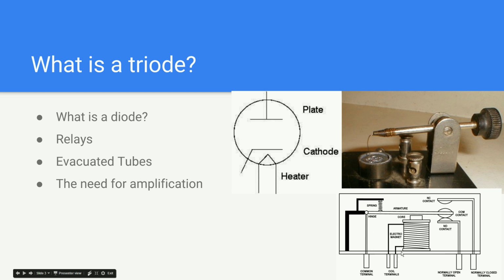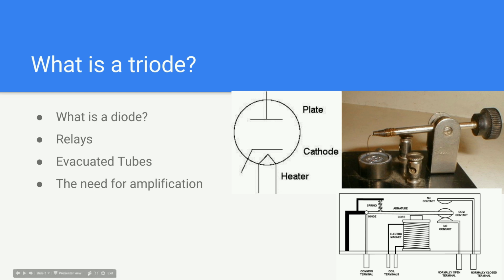Whenever the electromagnet was turned off, this spring pulled it back and completed the circuit up this way. The drawback of these is that they can only function up to about 300 hertz, or 300 times a second. They can switch on and off like this, which is obviously not at all useful for audio amplification.